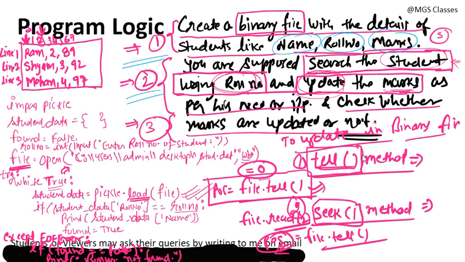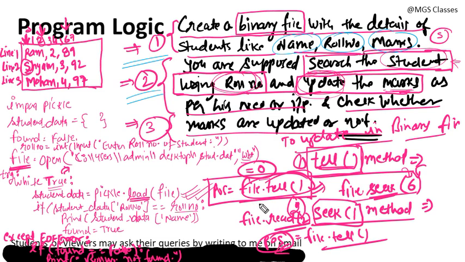Then you call the file.seek method and pass the position number, let's suppose 6. At whatever position you want to go, you pass that position number, and it will point your file position to that particular position. You can get the position number using the file.tell method.